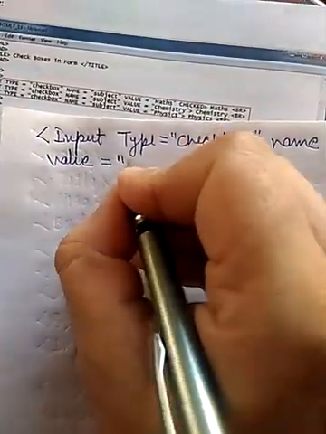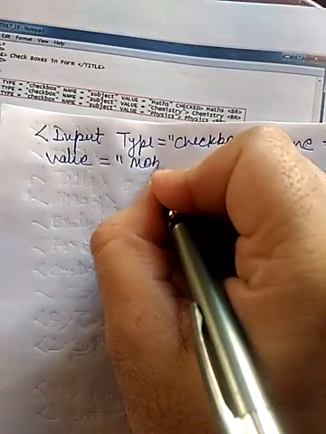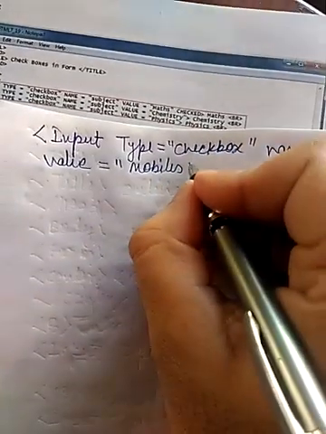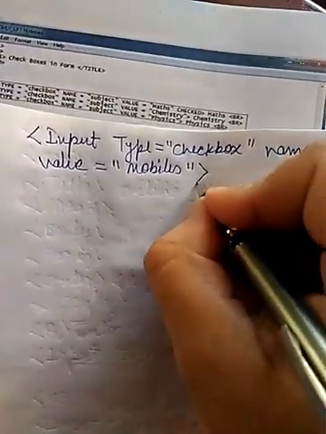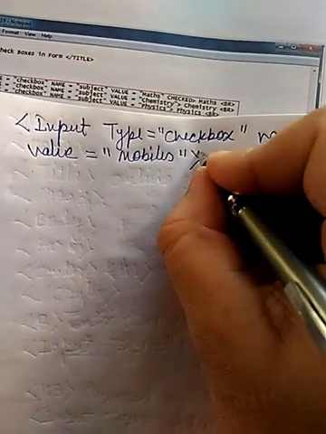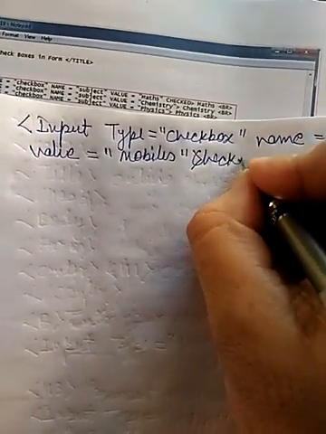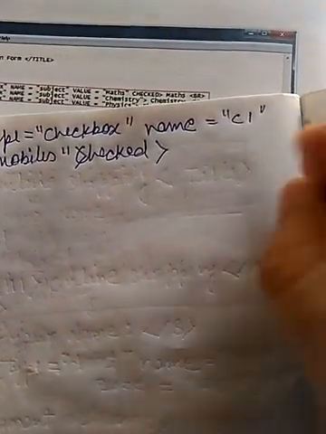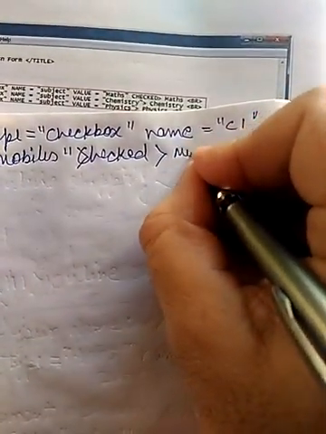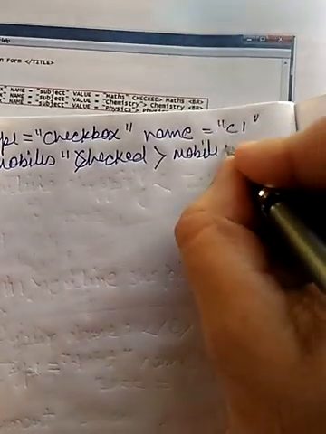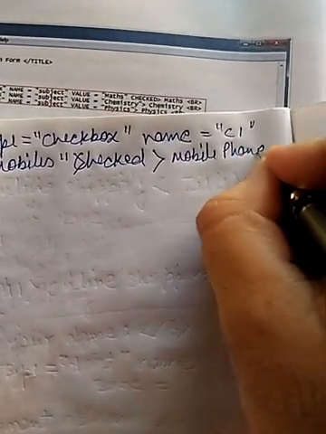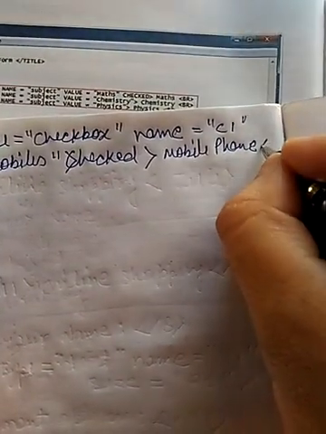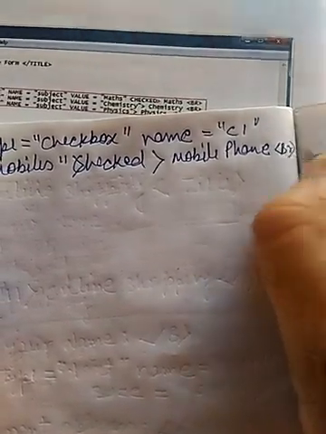So I want to submit here mobiles. After that, checked. After that, the text which we want to display, that is mobile phone. After that, BR to change the line.